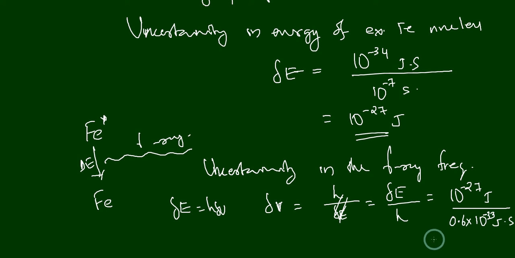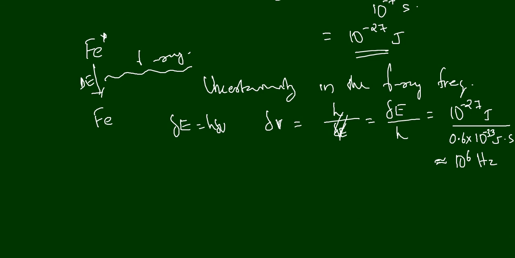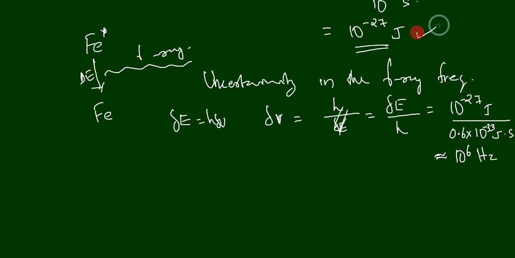That is almost equal to 10 raised to 6 hertz. So that is the uncertainty in the frequency. There is an uncertainty in the energy, and corresponding to that there is an uncertainty in the frequency, and this uncertainty in the frequency, delta nu, is 10 raised to 6 hertz.